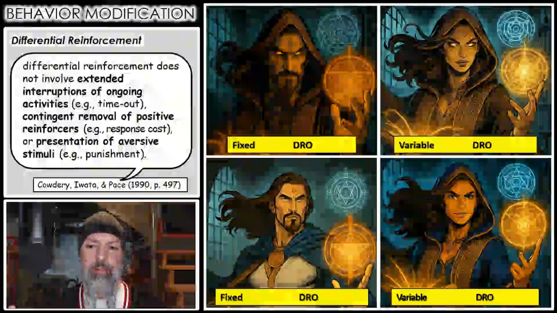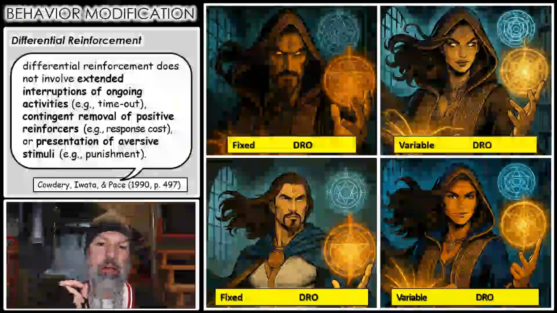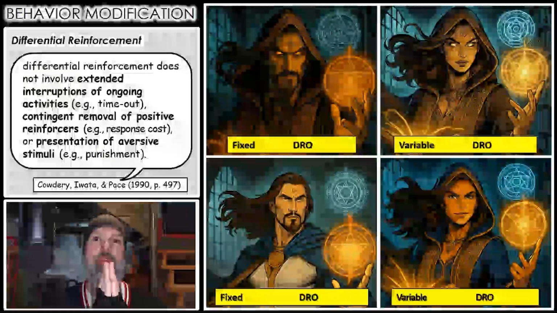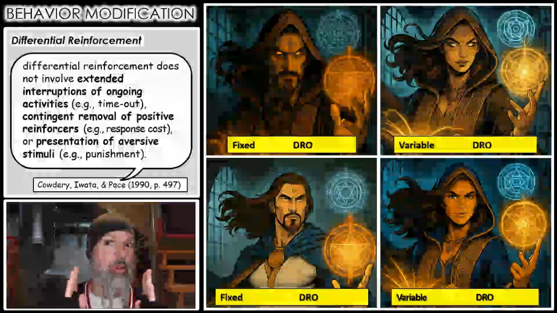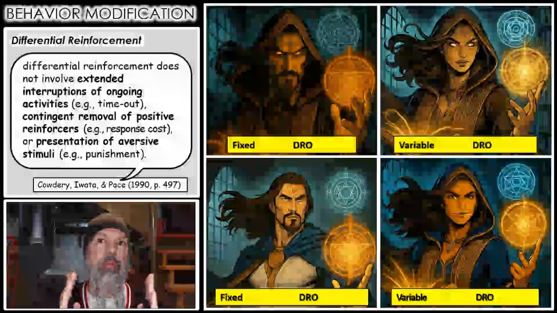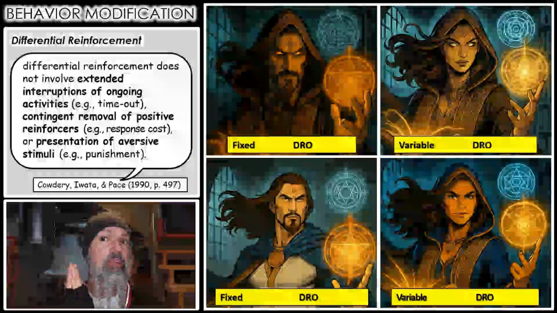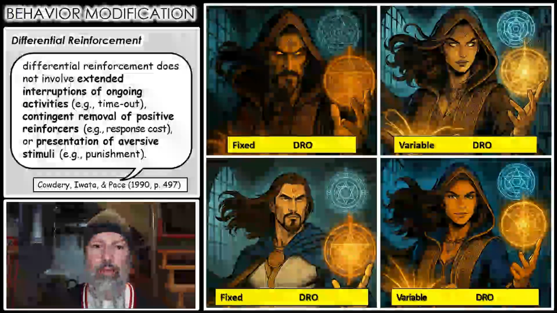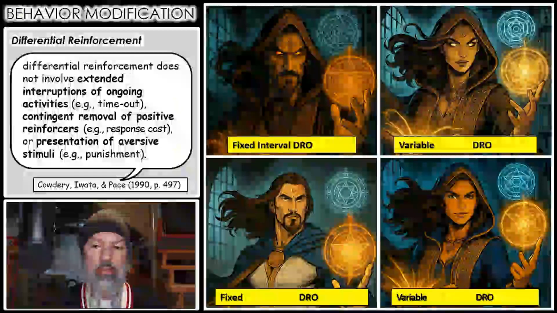So we have fixed and variable, and then we have the criteria of whether or not the reinforcement is delivered if the behavior was absent during the entire interval, or whether it's reinforced if the behavior is absent when the interval expires. That is, when the behavior is being checked. So in this case, we have a fixed interval differential reinforcement of other behavior.